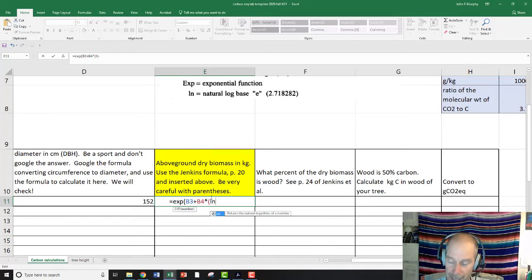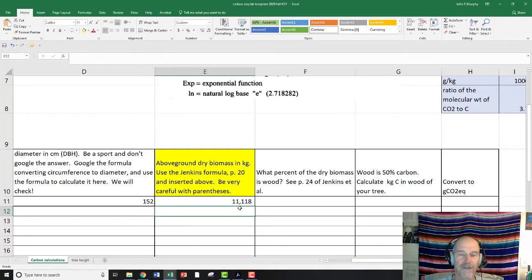Times ln of the DBH, which is here. Boom. And then I have to close all my parentheses, the purple one, the red one, and the black one. And is that right? B3 plus B4 times that. I think order of operations is correct. Just to make sure, I'll put parentheses around here. Need another one here. Hit enter.